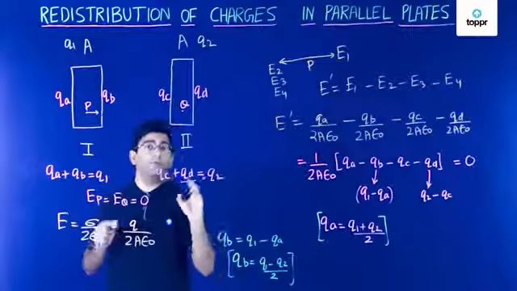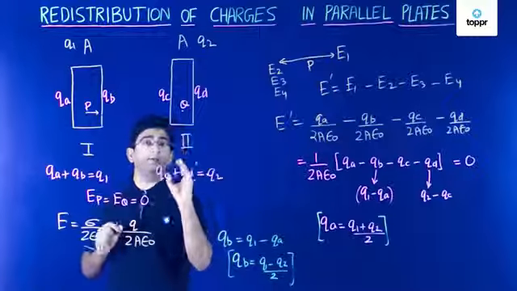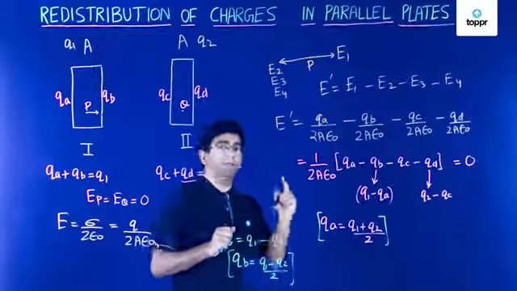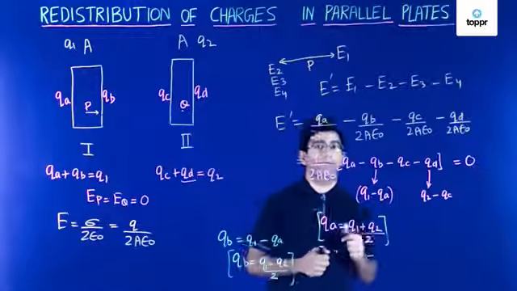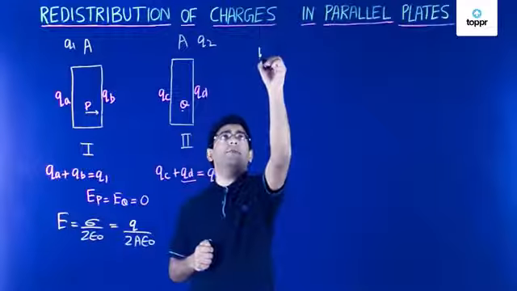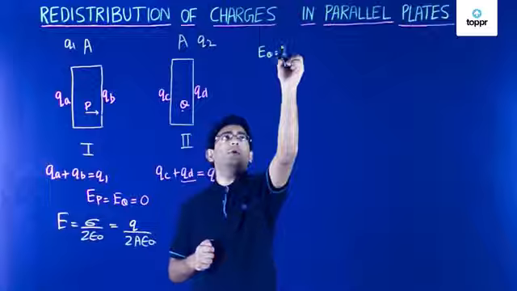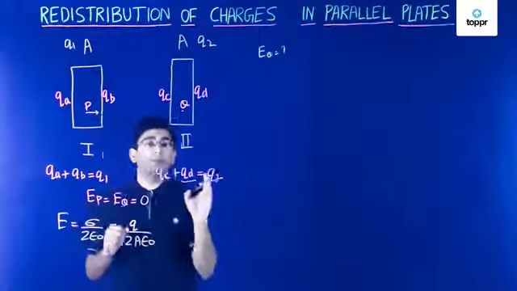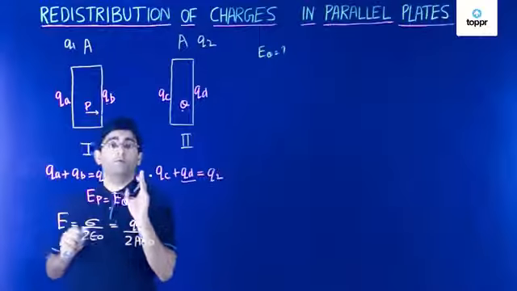For that we have to find the net electric field at the point Q, and we would equate that to 0 as we did in this particular case. So now we will find the expression of electric field at the point Q. Electric field at point Q would be due to all the 4 charges present on all the 4 surfaces of the 2 plates.